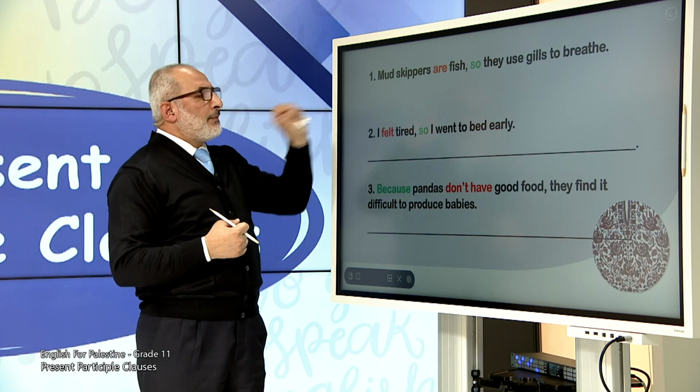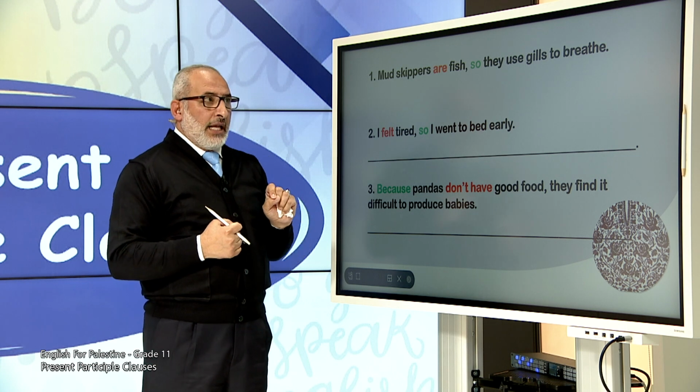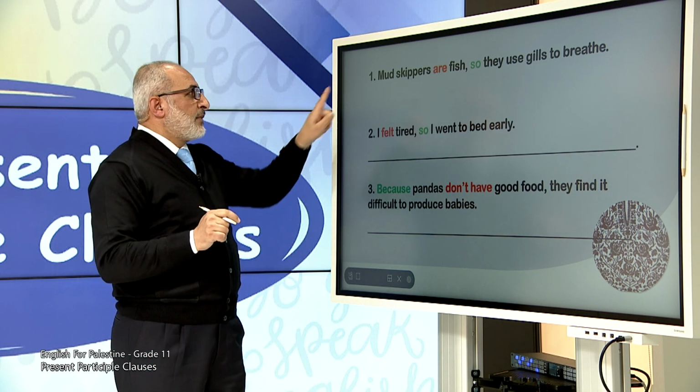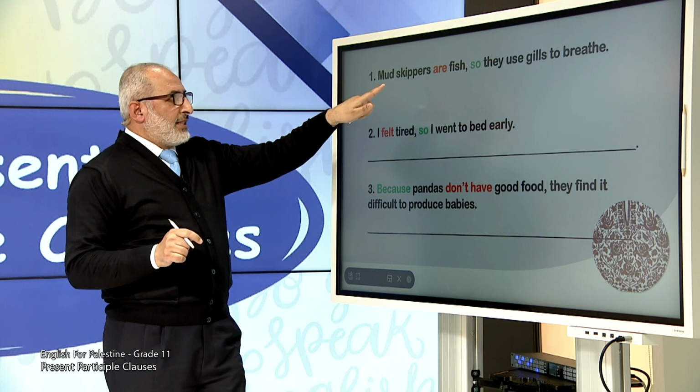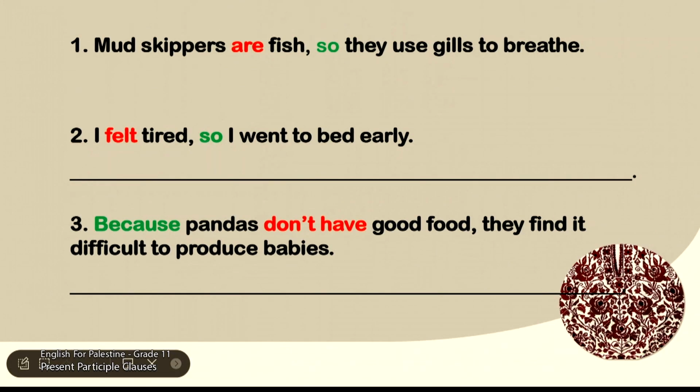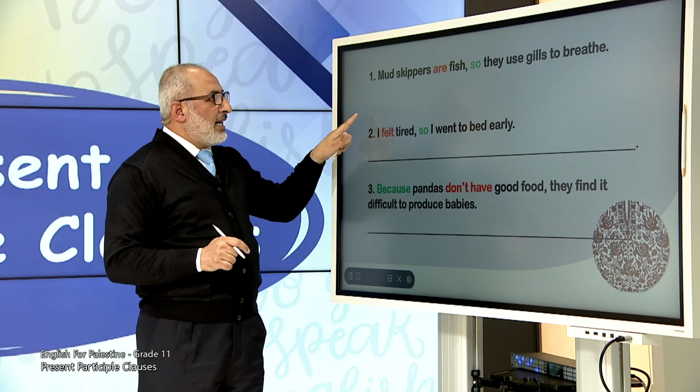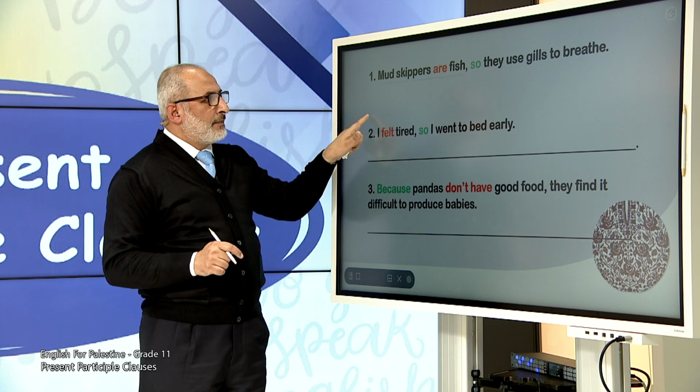Look at example number 1. It is in your book. Mud skippers are fish, so they use gills to breathe. If you look at this sentence, it has two parts.